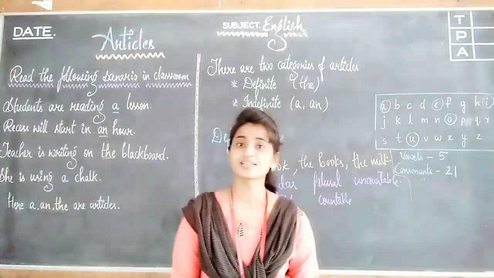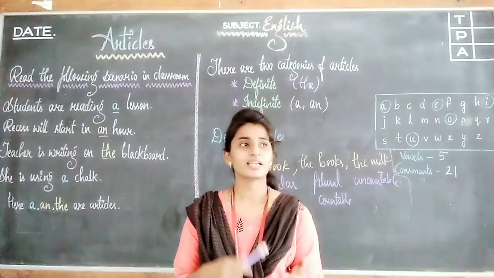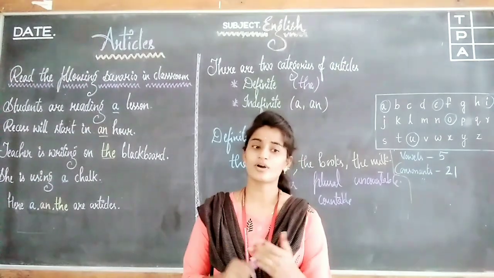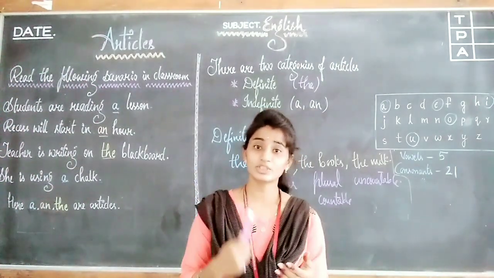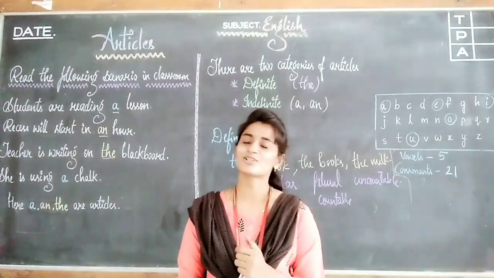I hope, children, you understood this topic about articles. In your grammar book you have more examples. If you go on practicing, you will become familiar with the use of articles. I hope you understood this unit. Thank you so much, children.